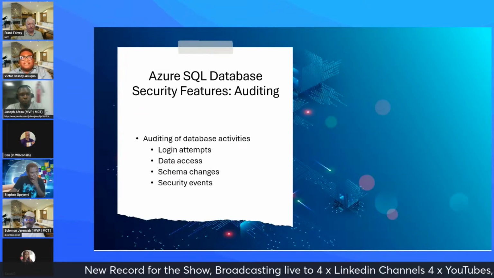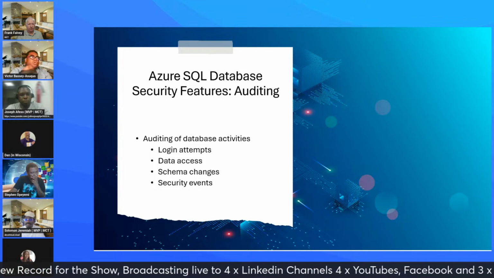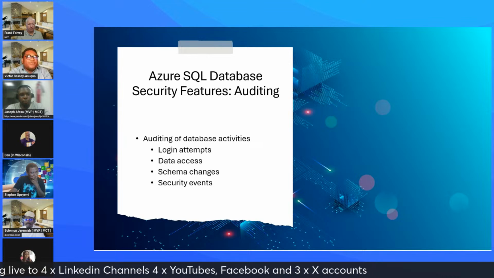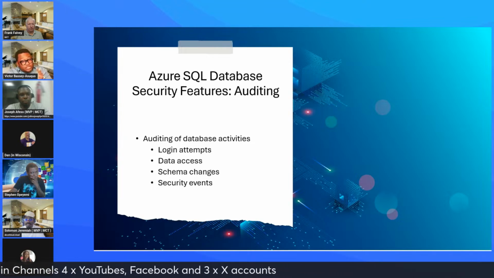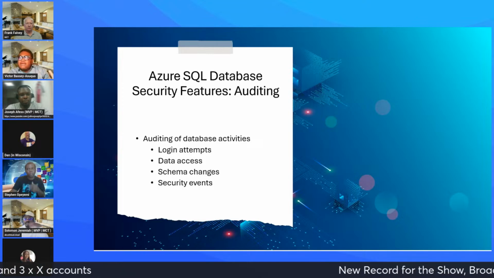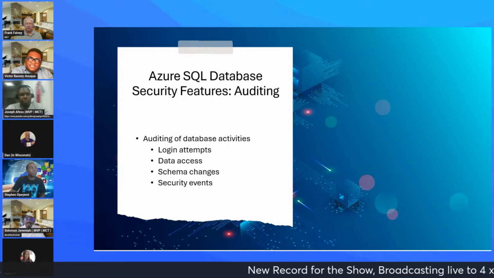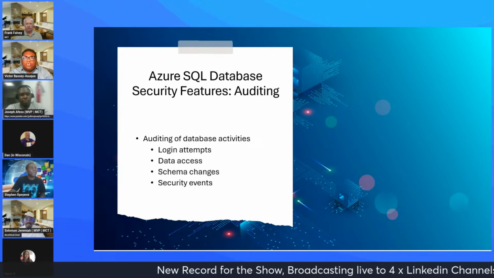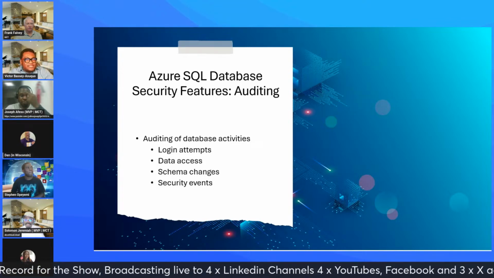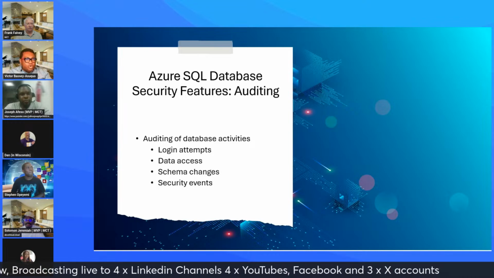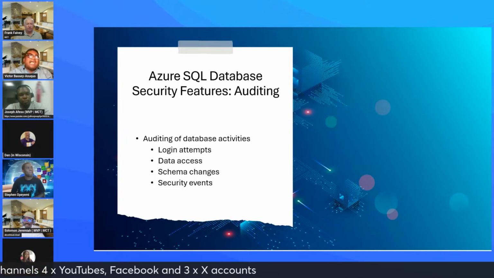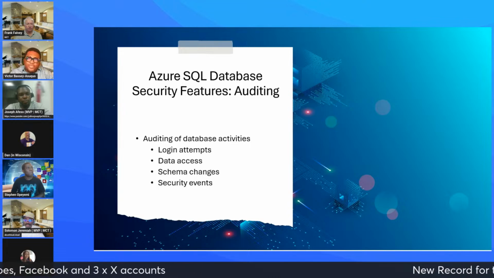Now, apart from authentication and authorization, we also want to be able to know exactly what has happened. That means, of course, auditing is after the fact, but it's also important that we enable auditing of our database activities. We want to know who tried to get into our database. We want to know who had access and what they did. We want to know if changes have been made to our schema. We want to know what kinds of security events have happened within our database.